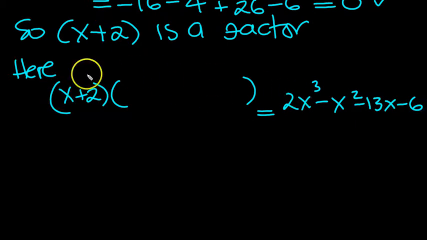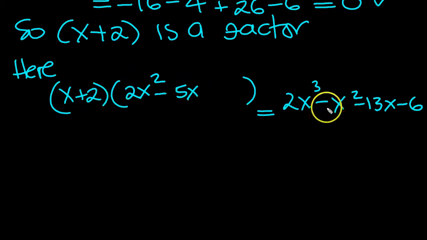To get an x cubed from the x, we need a 2x squared to start with. Then we'll have 2x cubed plus 4x squared. We want a minus x squared, so I'll need to put minus 5x so that the x squareds combine with the 4. Take 5 will give minus x squared.